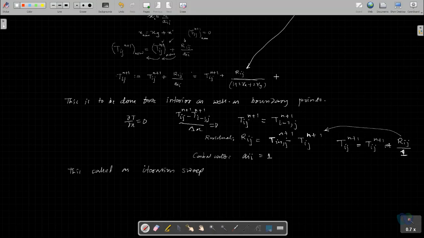These are for interior. So this will be for interior, isn't it? Because this was for interior and this will be for boundary.